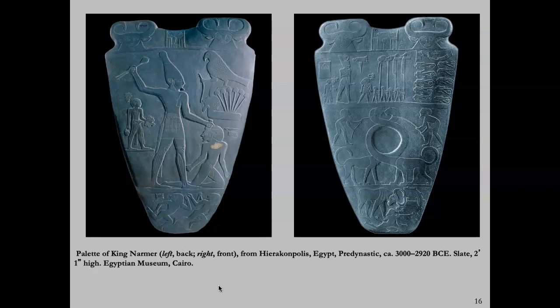For example, on the standard of Ur, we saw the relationship of war and peace. Here, it might suggest the Egyptians' understanding of the cosmos as needing balance between good and evil and order and chaos.